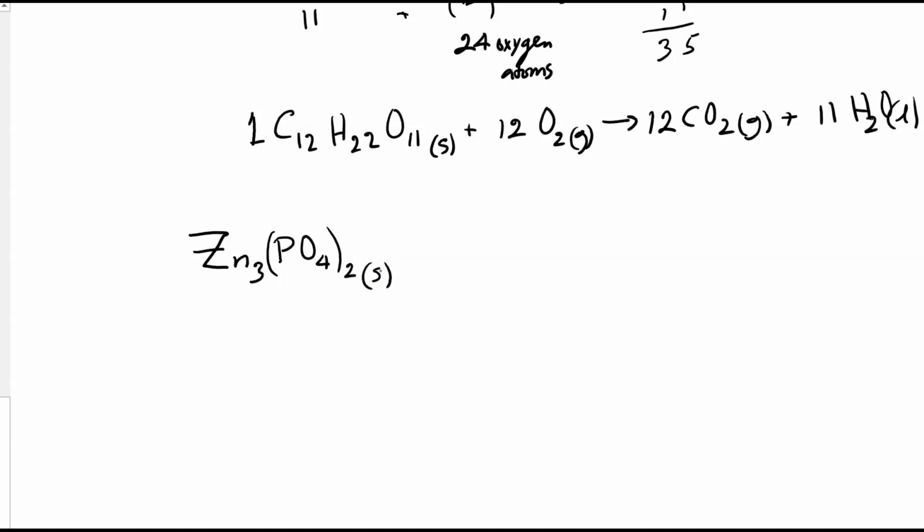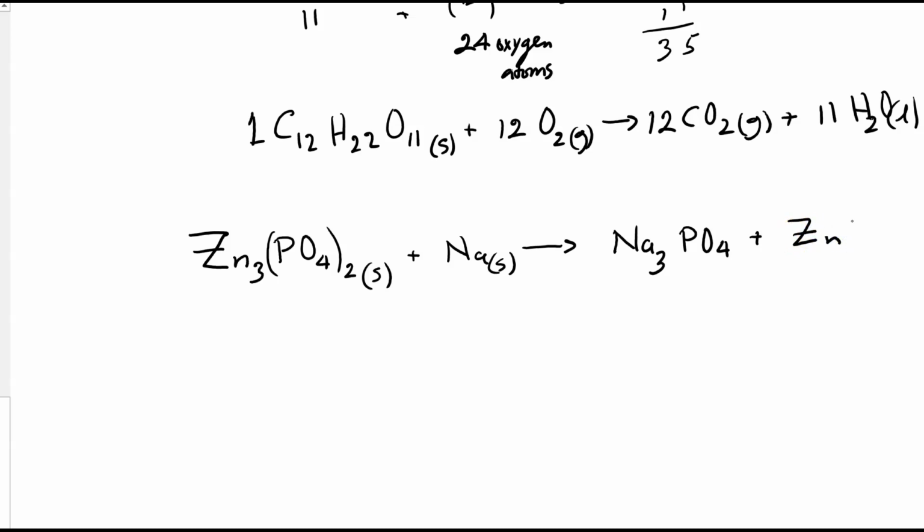And if we react it with another material, let's say sodium, by reacting the zinc phosphate with sodium metal, we're going to end up with sodium phosphate plus zinc metal.